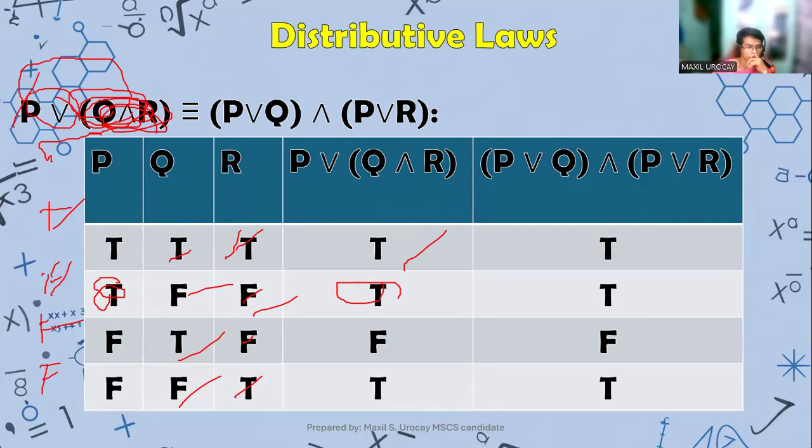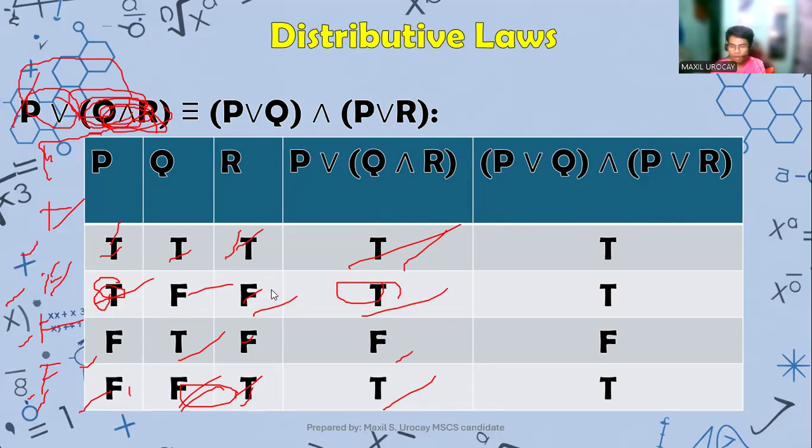My goodness. So we are actually adding this P into the Q and R. That's why. So T plus T is true, then P plus F is true still. That's correct. Then F plus F is false, then F plus F is false. So F times T, yes, false, and then F times F is false.